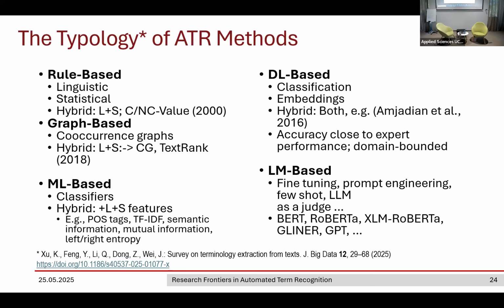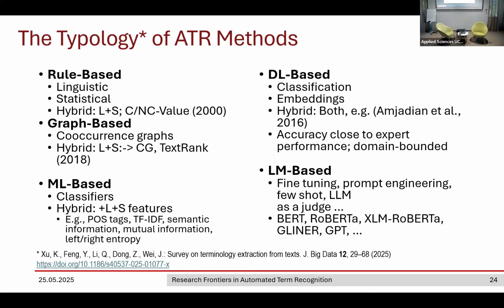Like here. This is the typology, in fact. We have rule-based methods, which include linguistic and statistical, and also hybrid linguistic plus statistical, for example, the C-value or NC-value method proposed in 2000.